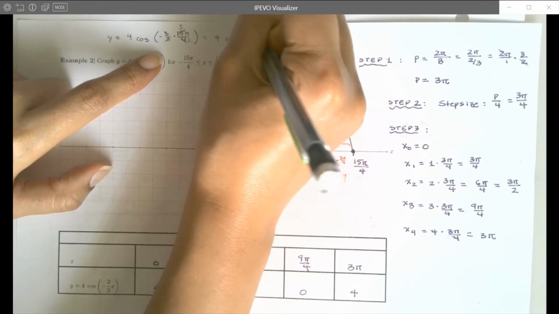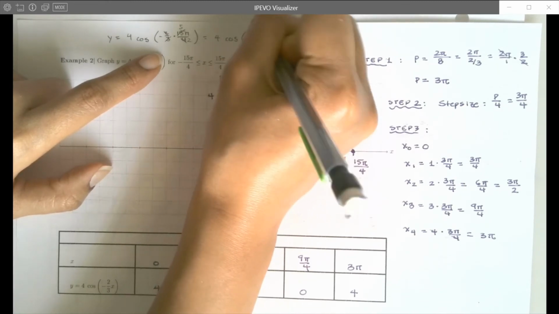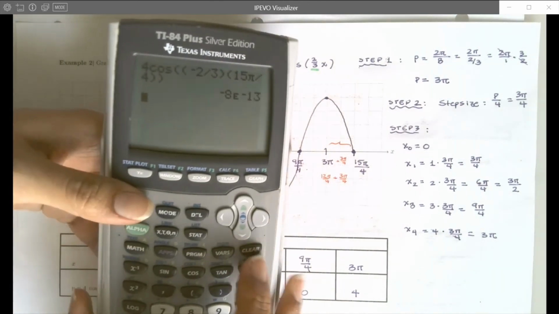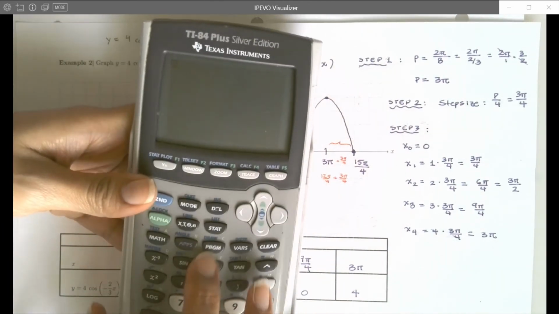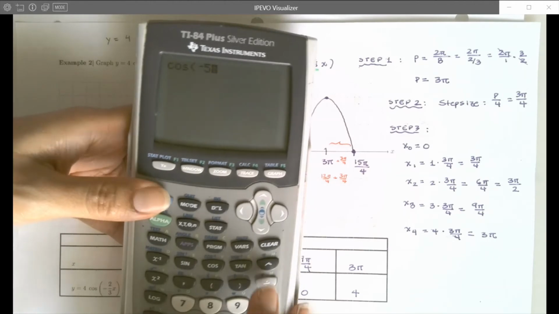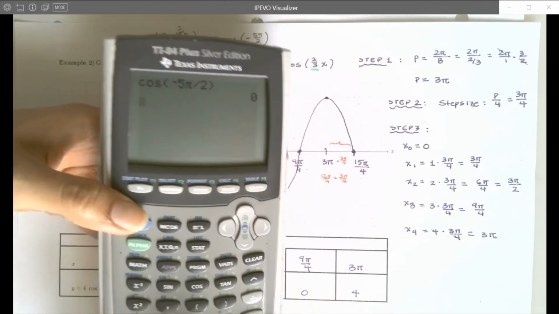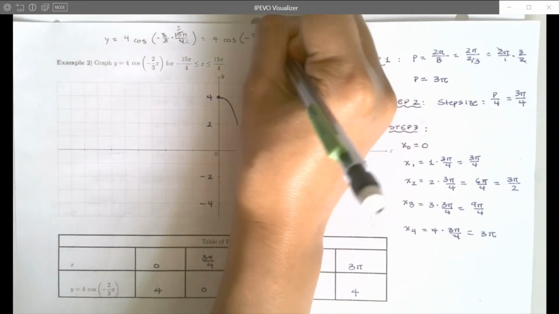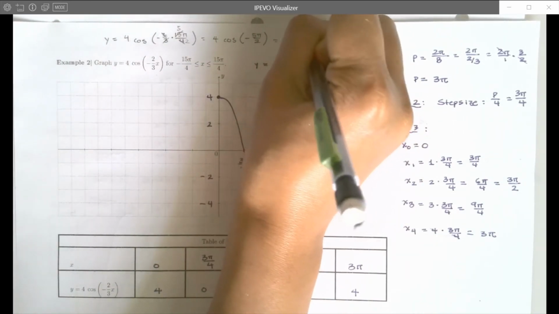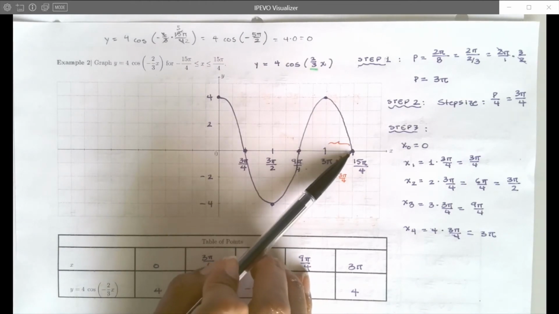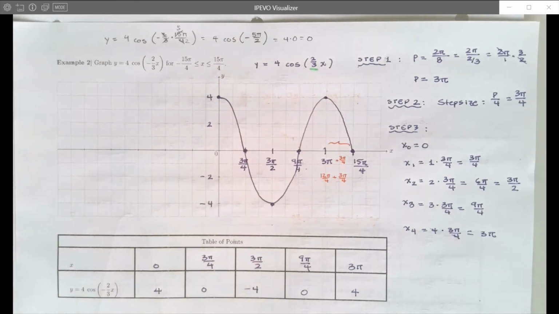So we get -5 pi over 2. And cosine of -5 pi over 2 is going to be 0. So we're going to get 4 times 0, which is simply 0. Okay, so that confirms our suspicions that at 15 pi over 4, we're going to go down to 0.